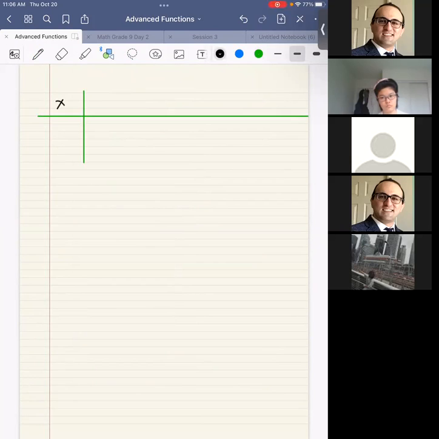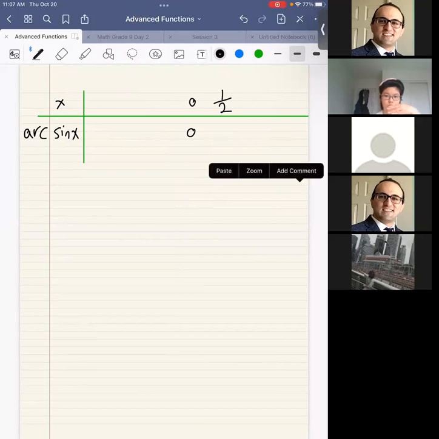So on the first row, you have x and then arc sine. So for 0, we know that arc sine of 0 is 0. What is arc sine of 1/2? Can someone tell me the arc sine of 1/2?